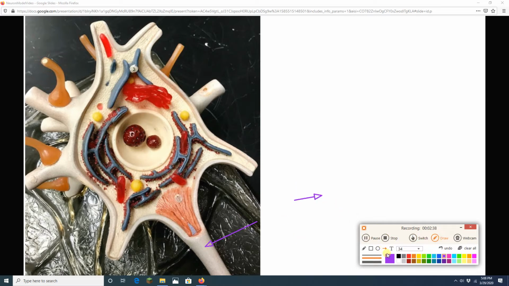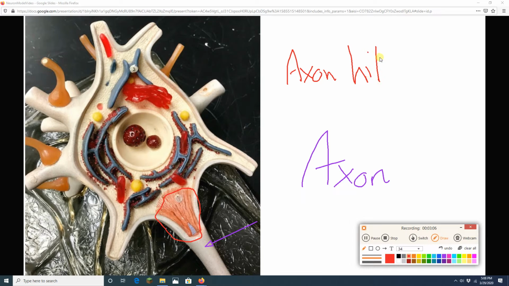Now, the axon has a beginning portion, which I'm basically going to make a circle on, that beginning portion right there. It is part of the axon, and its name is the axon hillock.